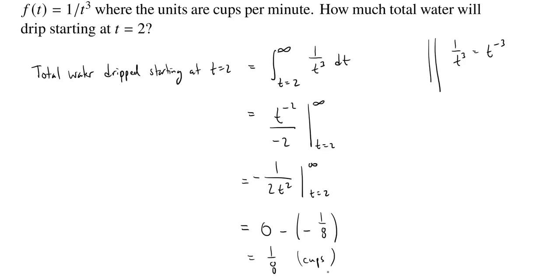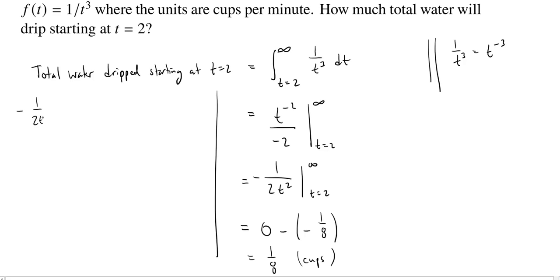Okay, now for the teachers who are going to require you to write this out in full, how would they maybe expect you to do this? Well, when you say negative 1 over 2t squared from 2 to infinity, what they really want you to do is take a limit as, we'll call it b, goes to infinity of negative 1 over 2t squared from 2 to b.